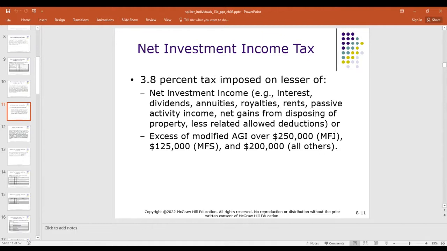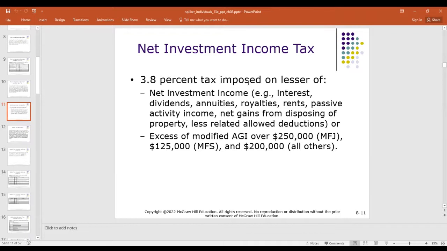We calculate that, and then compare it to the excess of your modified adjusted gross income above $250,000 for married filing jointly, $125,000 for married filing separately, and $200,000 for all others.